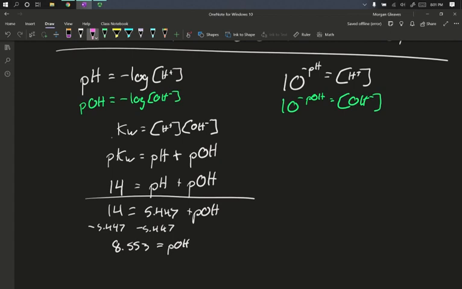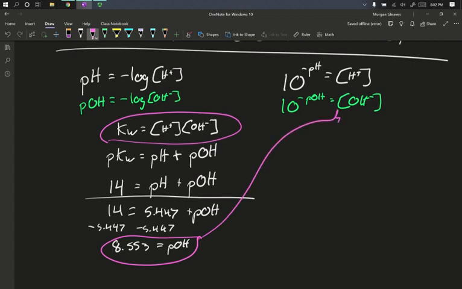Just to double check that this works with our equilibrium calculation, I can turn it into an OH minus concentration. I can say that 10 to the minus 8.553 should equal my OH minus, which calculates out to 2.799 times 10 to the minus 9.